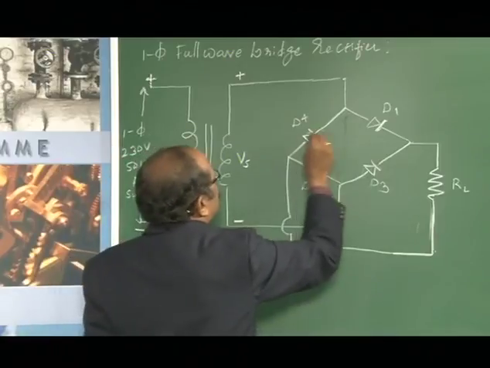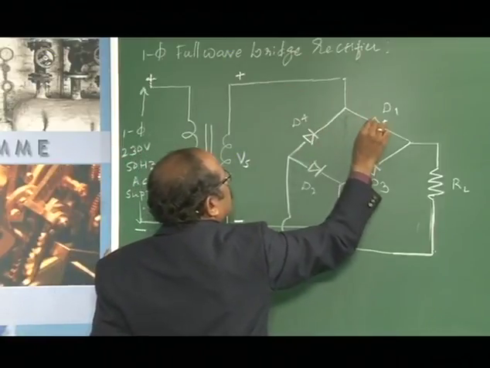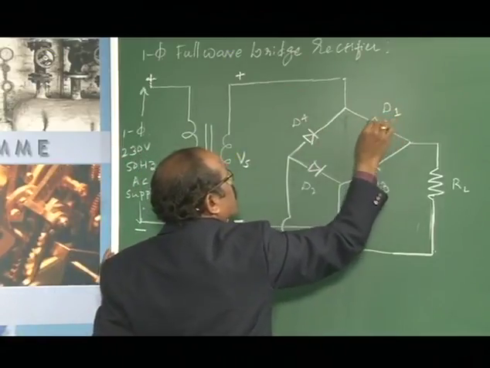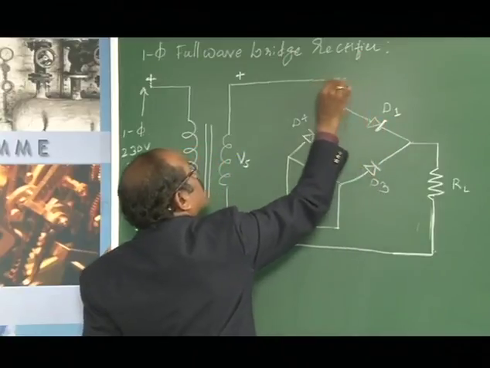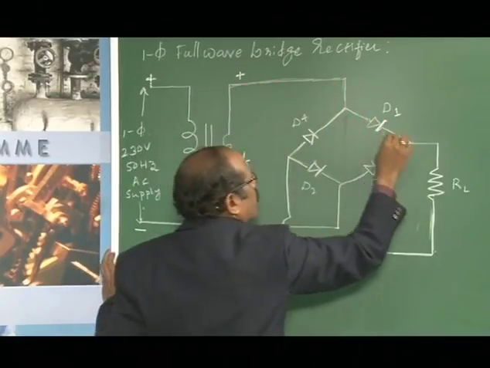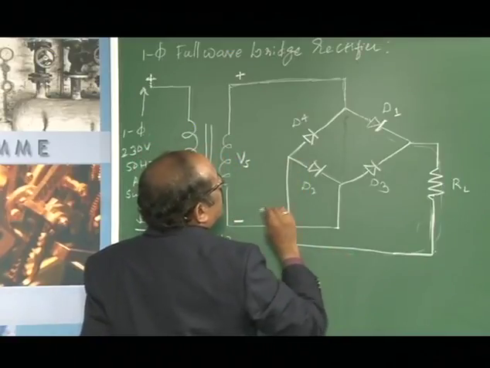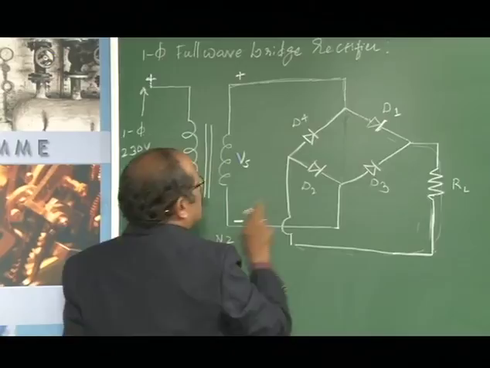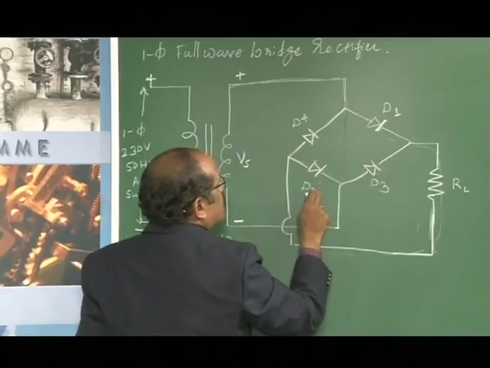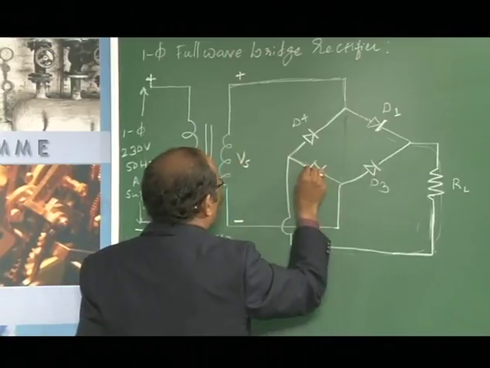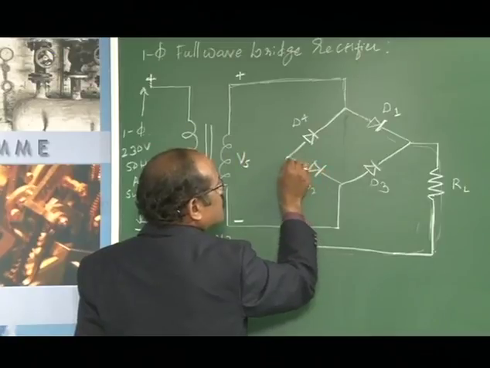So now what happens here? You can see that the anode of diode D1 is at positive potential with reference to the cathode, and likewise the anode of diode D2.